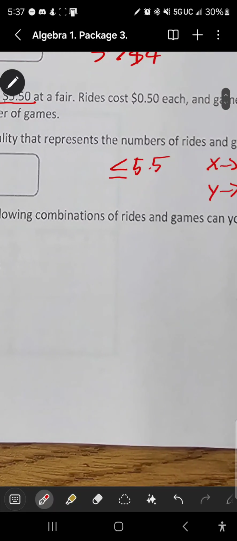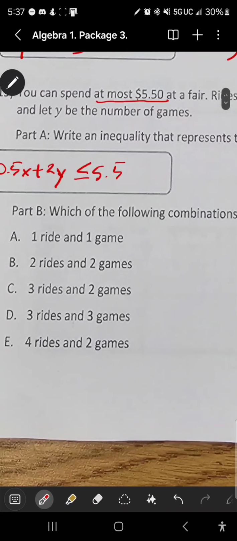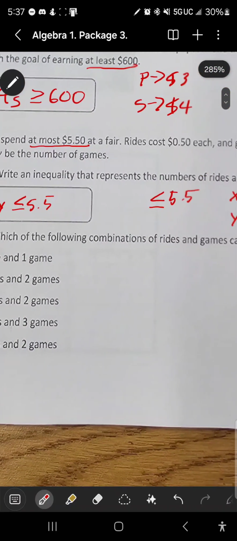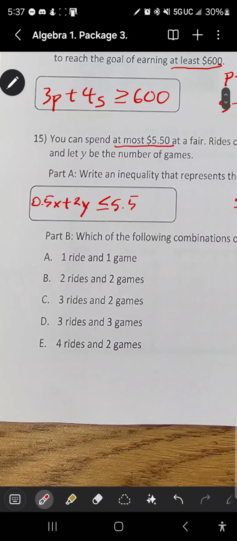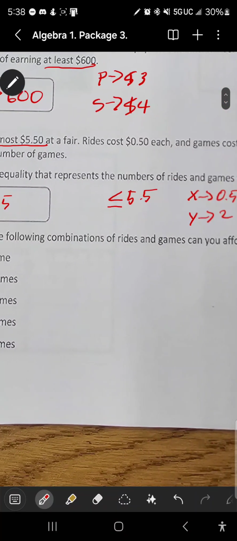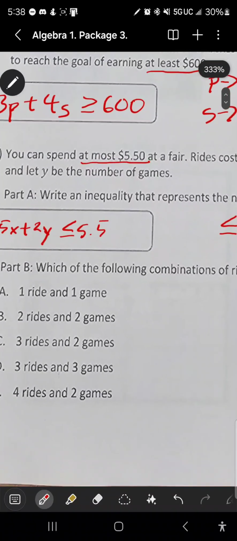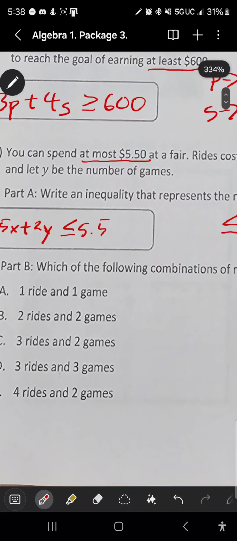Now, which of the following combinations of rides and games can you afford? Select all that apply. So basically, I'm just going to do this. I will say one ride and one game. We can use either the equation or just logic. I'm going to use both.